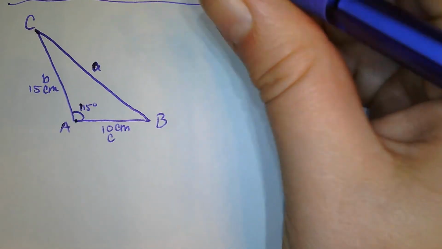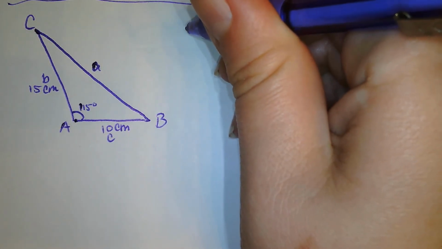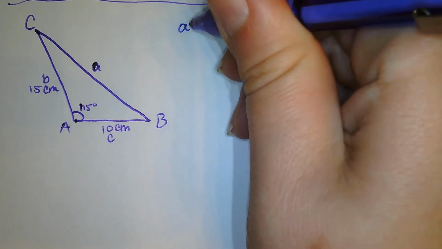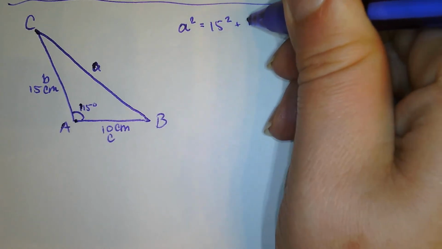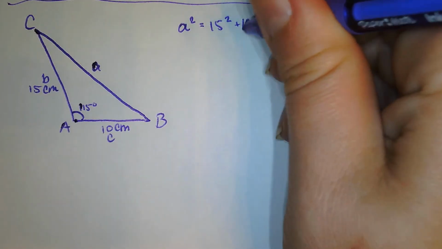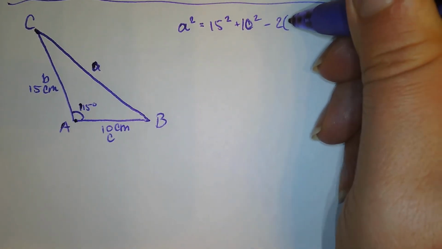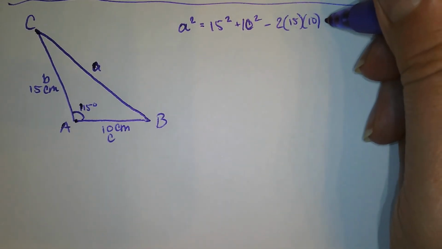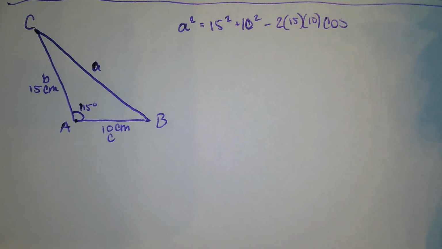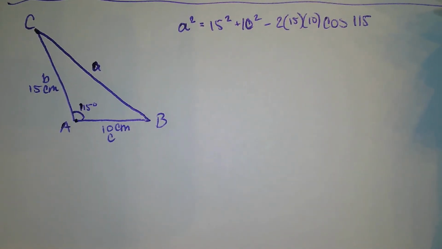The law of cosines is actually kind of nice when you're trying to find a side, because it's already set up for that. So a squared equals b squared plus c squared minus 2 times b times c times cosine of A. That's all you do.